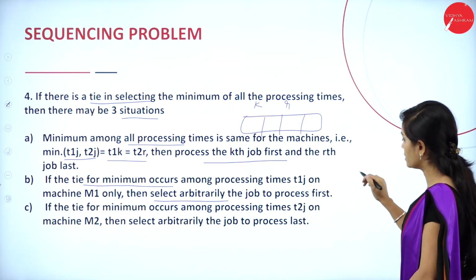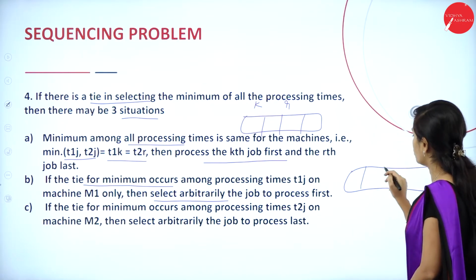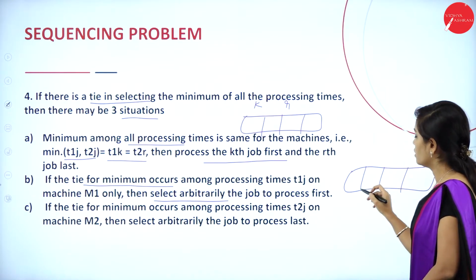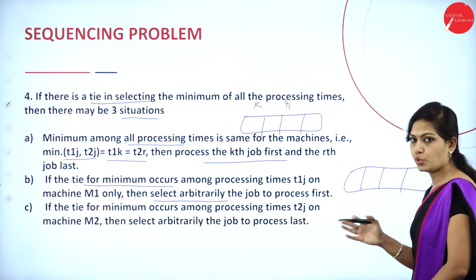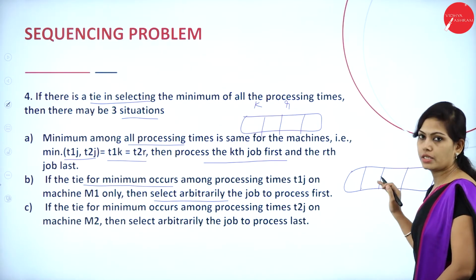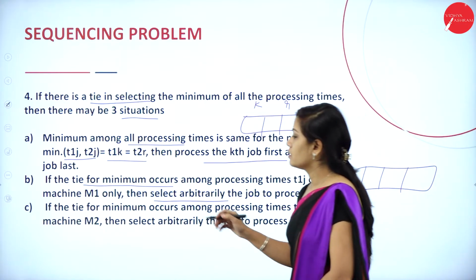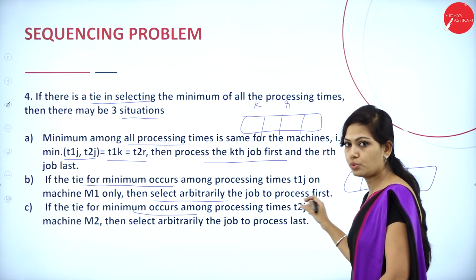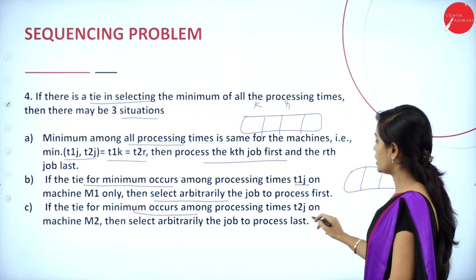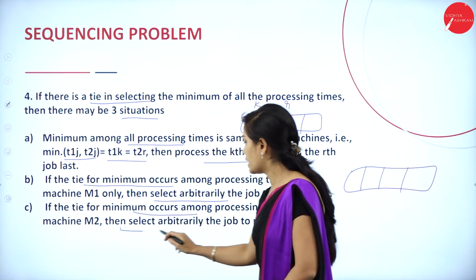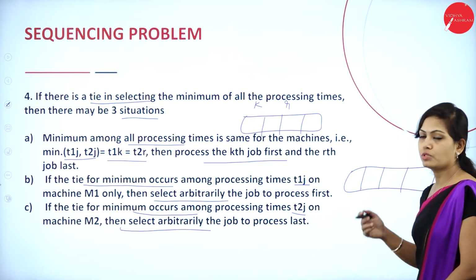So you have to select the jobs arbitrarily. Example, if you have 4 jobs and you get a tie between 2 minimum values, you have to write them in order. Clear? And if the tie for minimum occurs among processing times T1J and T2J on machine M1 and machine M2, then select arbitrarily the job to process last.